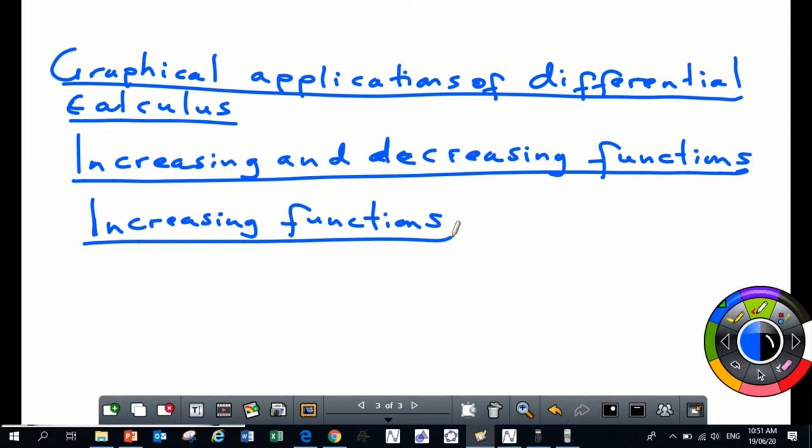A function f is strictly increasing over the interval AB if f prime of x is greater than 0 for all, make sure you write it like this, for all x is an element of AB.